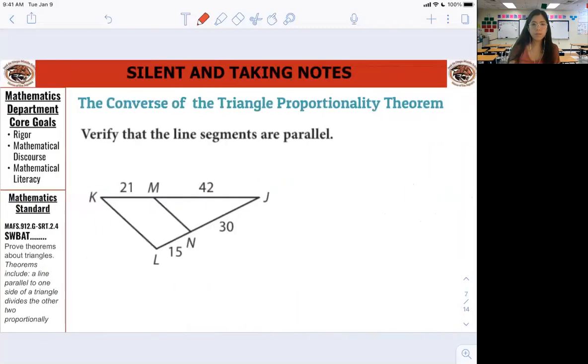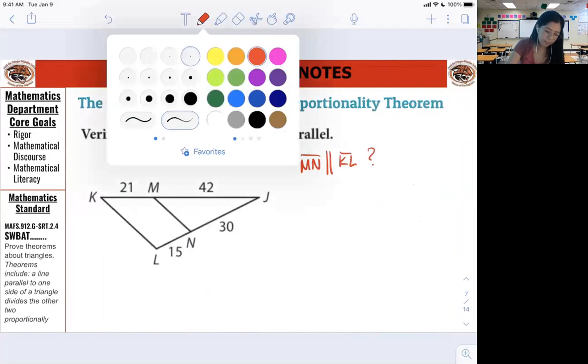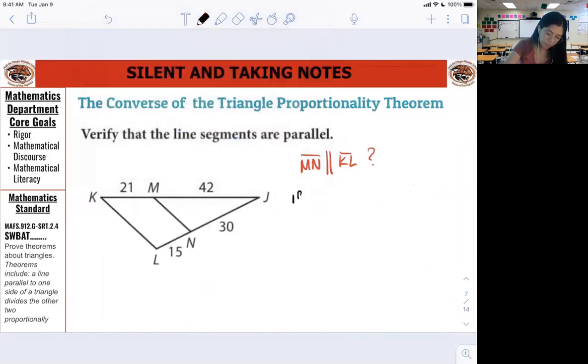So for example, here's one where we don't know if those lines are parallel, so we need to figure out if they are. We want to know, is MN parallel to KL? Let's figure it out. In order for them to be parallel, what has to be true about the side lengths? They have to be proportional. Good.